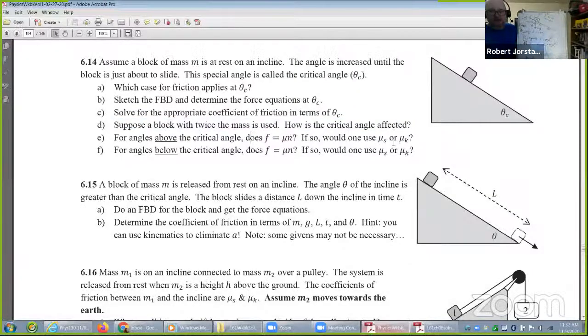Let's see what else we got in here. All right. If we use an angle above the critical angle, can we use friction equals mu N? Yes or no? And if so, which coefficient? What do you think, somebody? If we use an angle bigger than theta c, what happens?